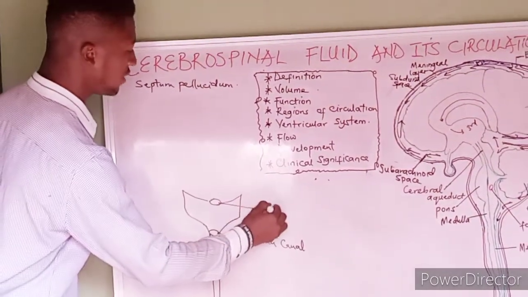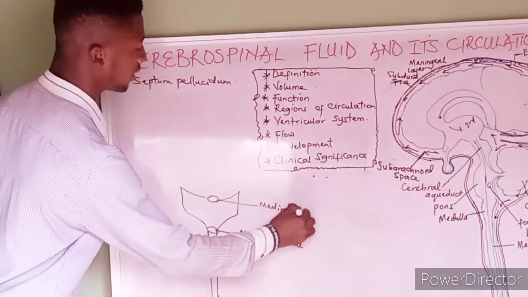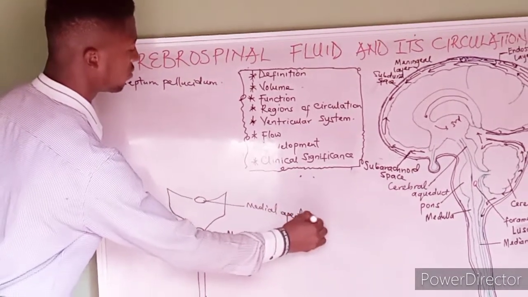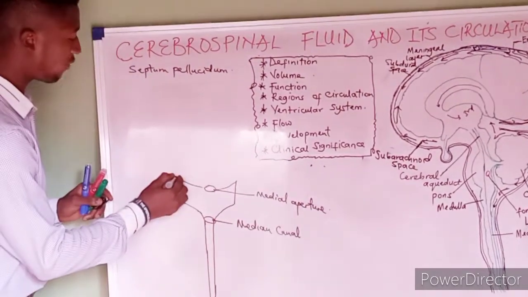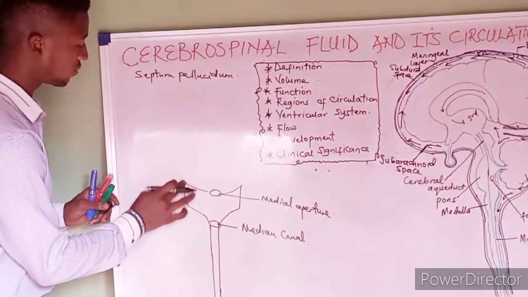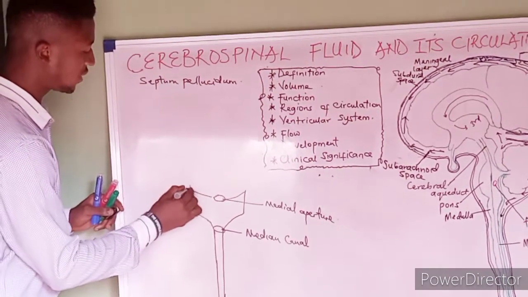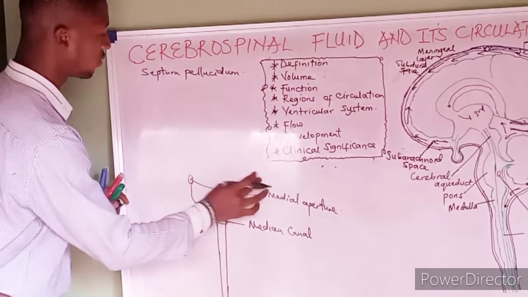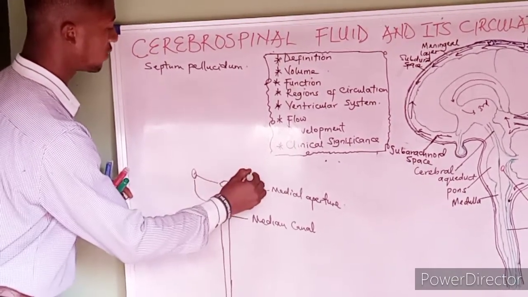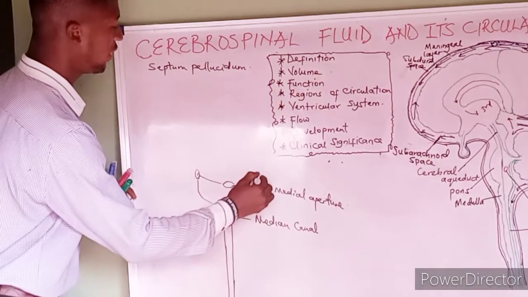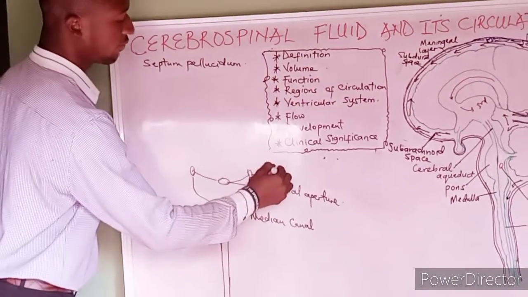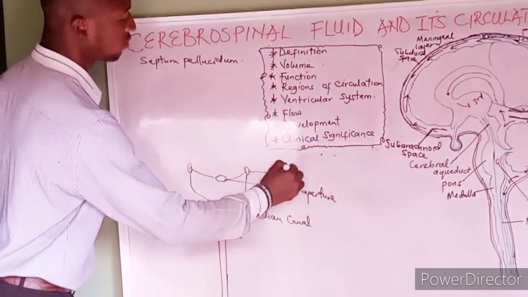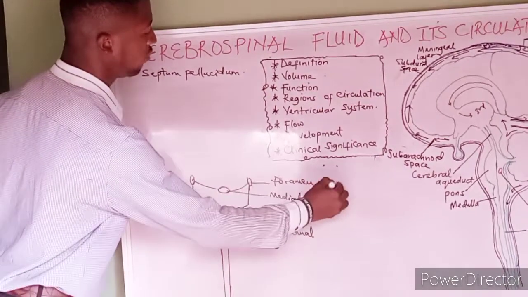This opening is called the medial aperture. The openings on the sides are referred to as the foramen of Luschka.